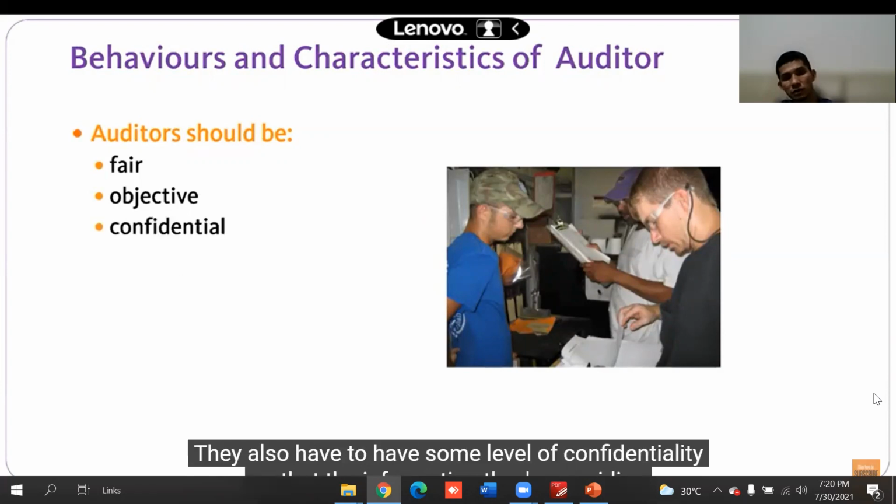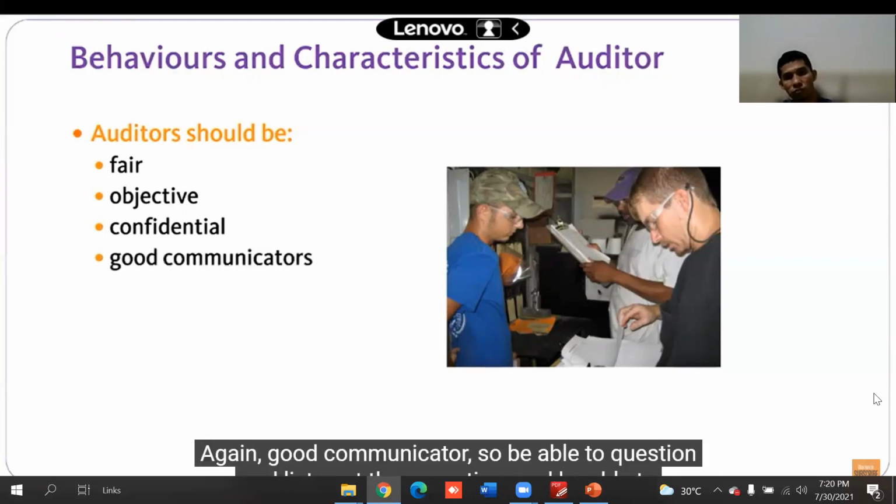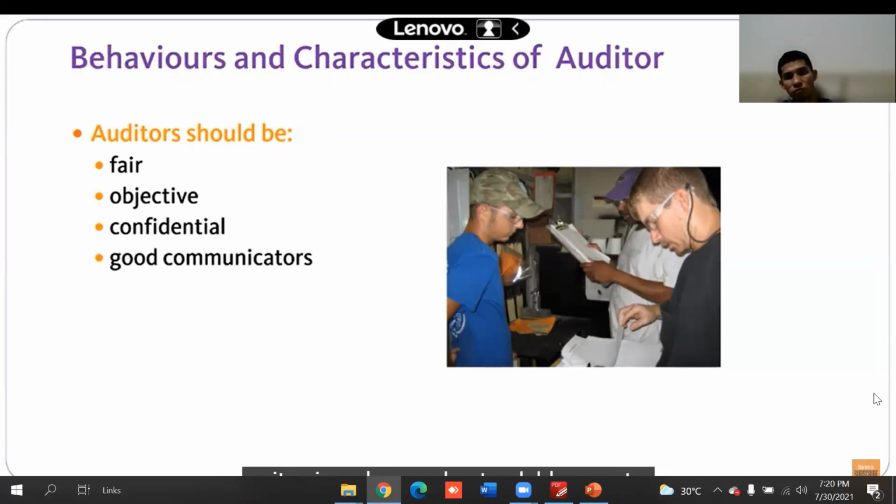They also have to have some level of confidentiality so that the information they're providing is confidential, and if it's released outside of that confidence, then it could put that auditee at risk. Again, good communicator, so be able to question and listen at the same time and be able to write nice, clear, understandable reports.